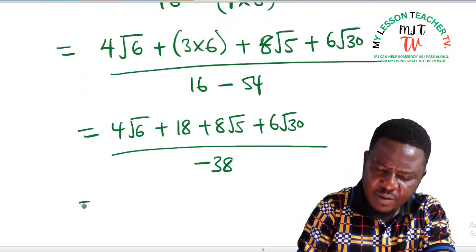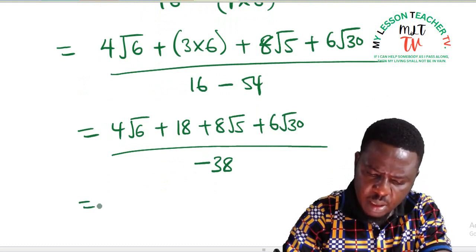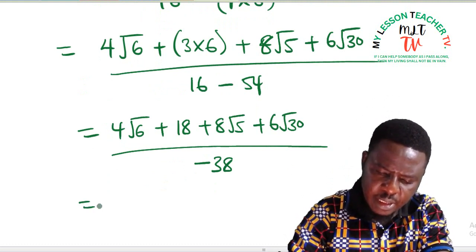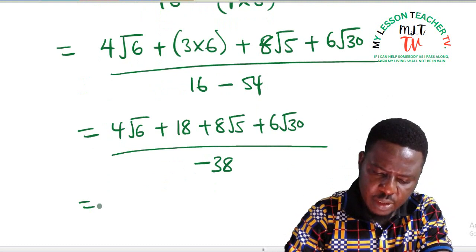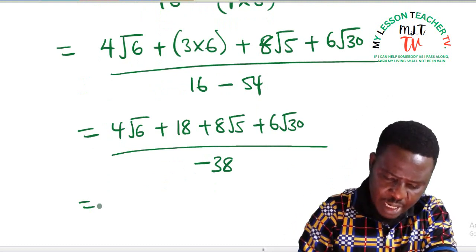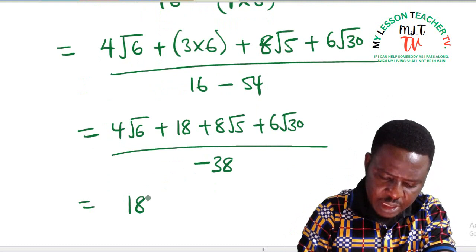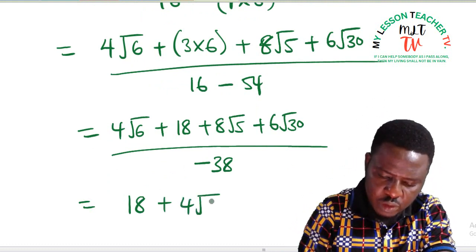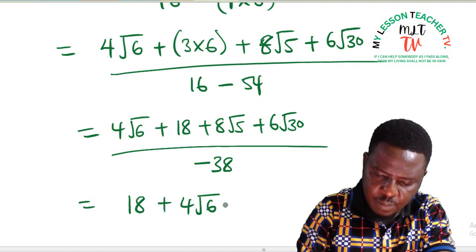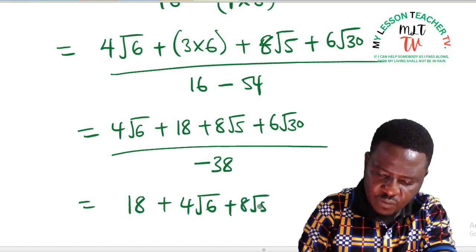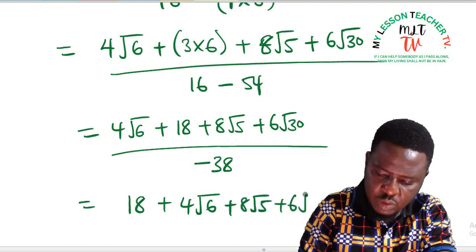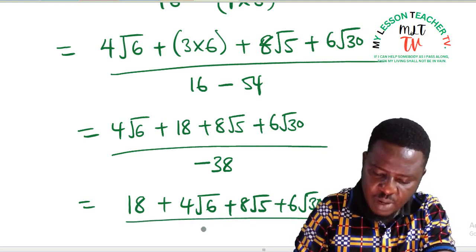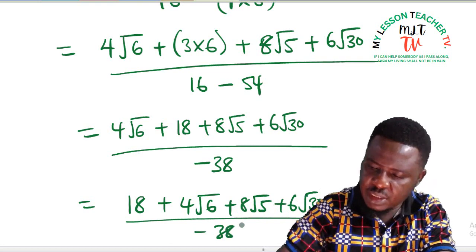So we can simplify further by saying, let me move all the irrational numbers behind. This will give us 18 plus 4 root 6 plus 8 root 5 plus 6 root 30 divided by minus 38.